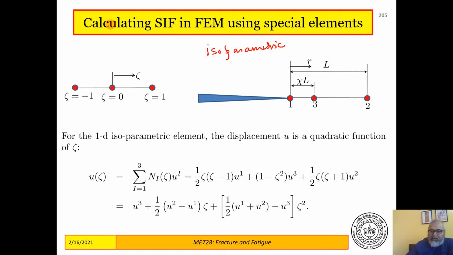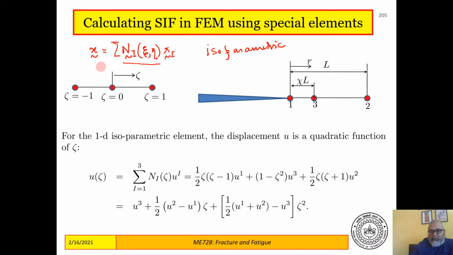In the isoparametric formulation, the position at any point inside the element, x, in the 2D case, is approximated in terms of shape functions, which are functions of zeta, eta, where zeta, eta are the parent coordinates of the element.